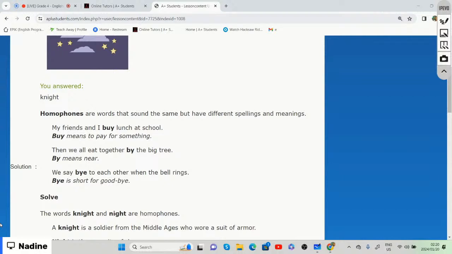And then we have bye, which is B-Y-E. This is when you're saying goodbye, you're leaving someone. But bye is a shortened version of goodbye.